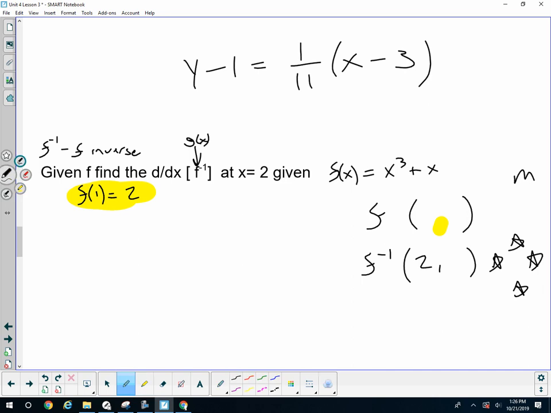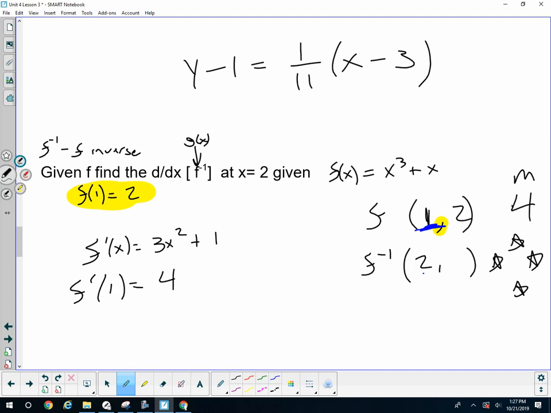Okay, f inverse has got 2 something. I know f of 1 is 2. I was told that. You're trying to find f inverse prime at 2. Well, if I know f prime of 1, so 1 being the important point, which will give us the derivative of f inverse at 2, I need to find f prime. f prime is 3x squared plus 1. f prime of 1 is 4.